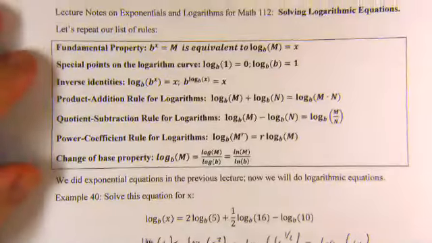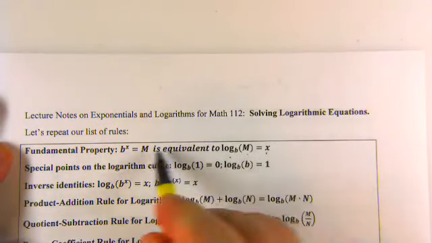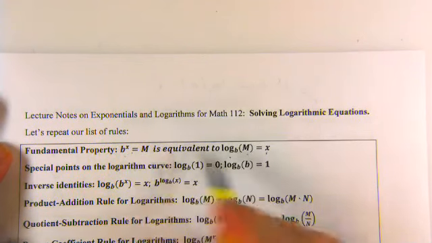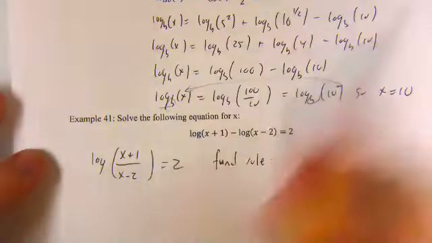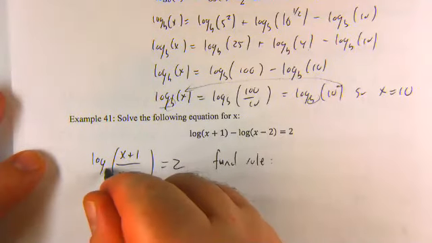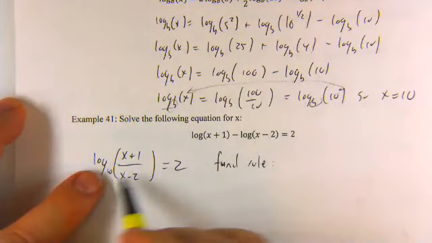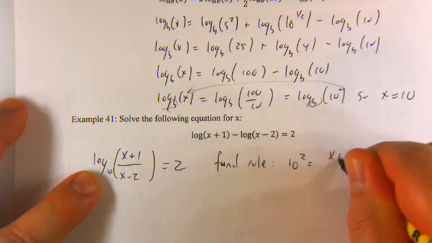Because the fundamental rule says that if we have logarithm of something equals something, we can turn that into this. Base to the power, this is the power, equals the number. So base here is 10, right? If you say logarithm without writing base, it is 10. So 10 to the 2 equals whatever's inside the logarithm.